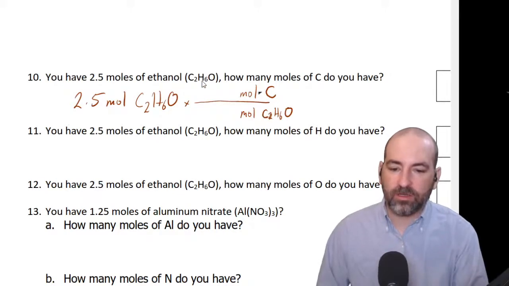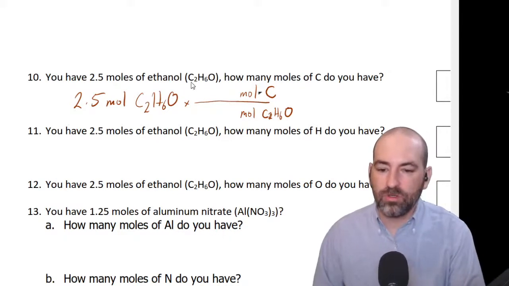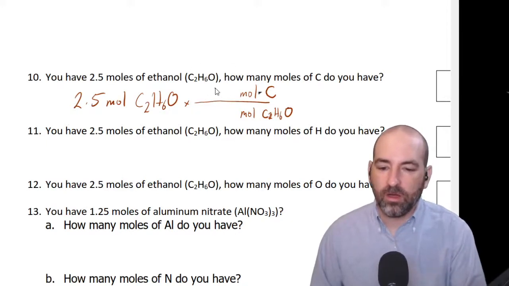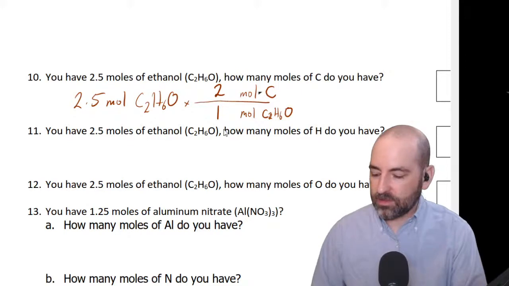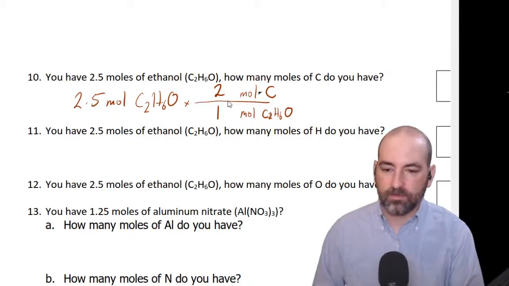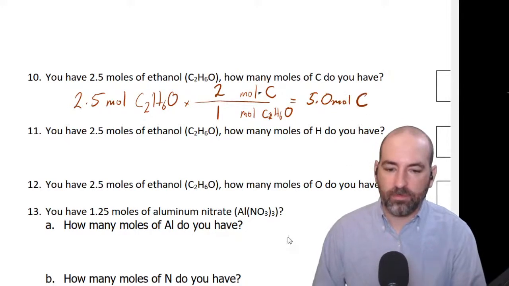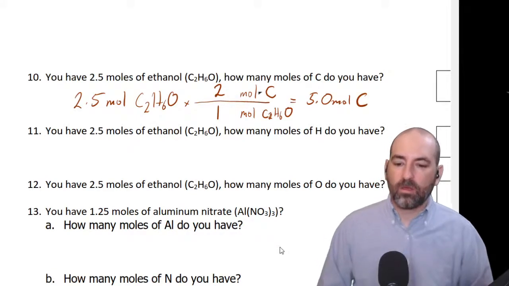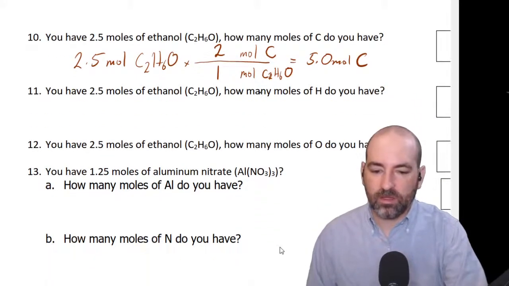And that conversion factor is right there in the formula. There are 2 carbon atoms per molecule or per formula unit. So there's 2 of these for every one of these. So then our answer is going to be 5.0 moles of carbon. That's it. That's all it takes.